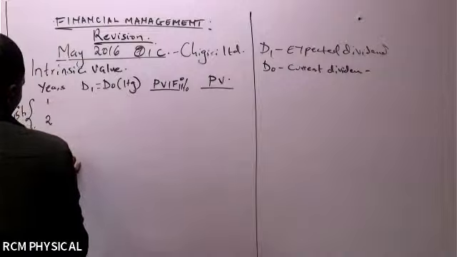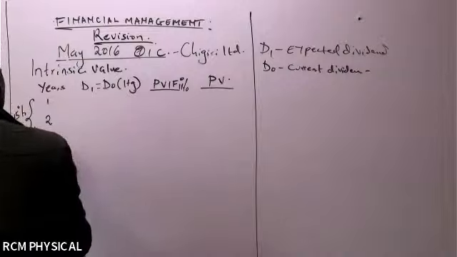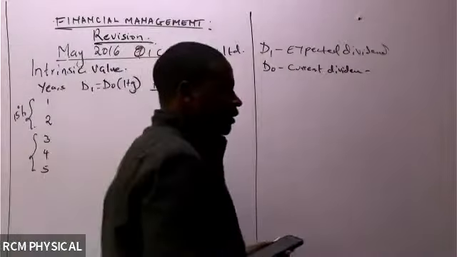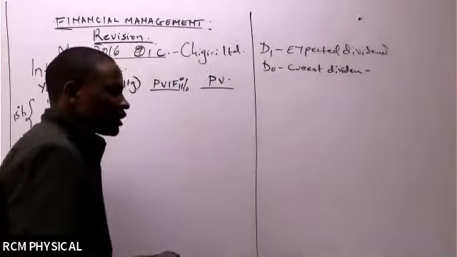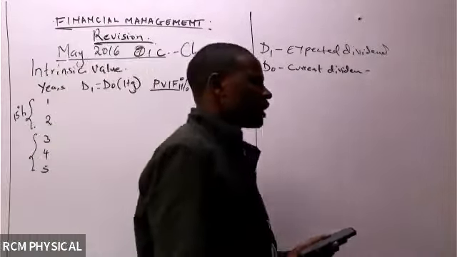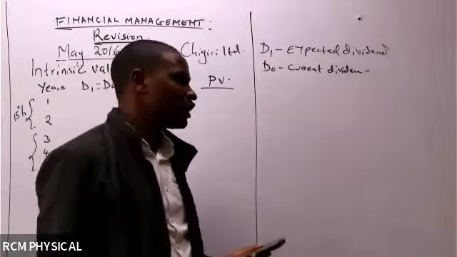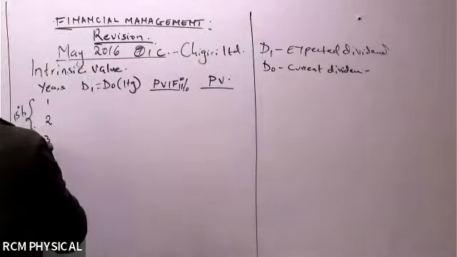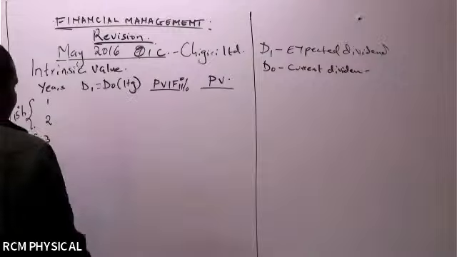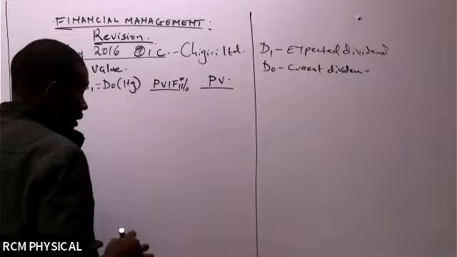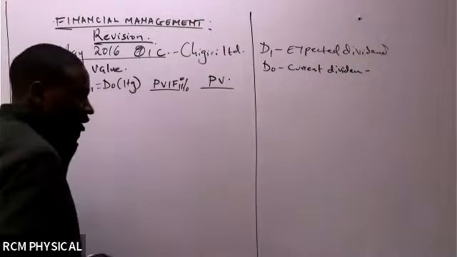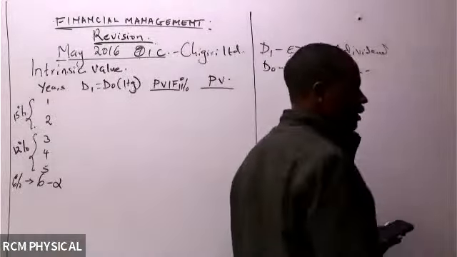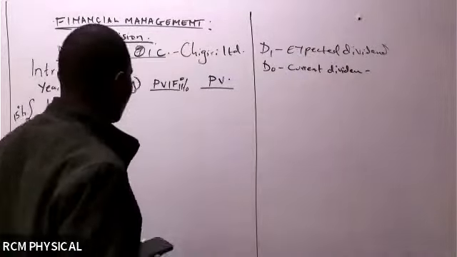Year 3, year 4, year 5, the dividend is growing at 12%. Then I have year 6 to infinity, where it will grow at a rate of 6%. So the growth rate for that is 6%. It's always good to indicate it that way.